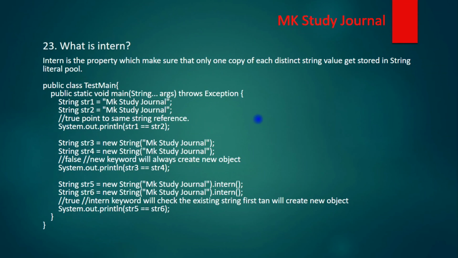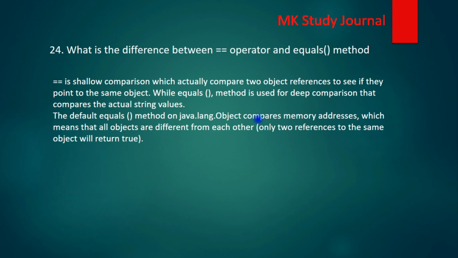Next, let's move to the next question. What is the difference between the equals operator and equals? The == operator is basically a shallow comparison. It checks whether the objects are the same or not, but the equals method checks the exact value, whether they have the same value or not.